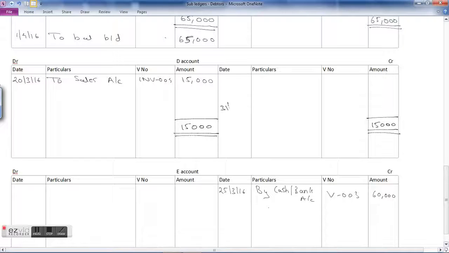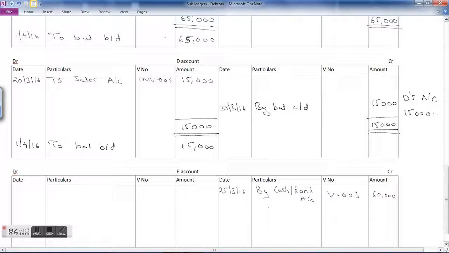Then 31st March 2016, by balance carried down 15,000, and on 1st April the balance brought down is a debit balance of 15,000. So this is also a normal debtors balance, wherein goods have been sold to Mr. D, but the amount is not received. So D's account is a 15,000 debit balance.